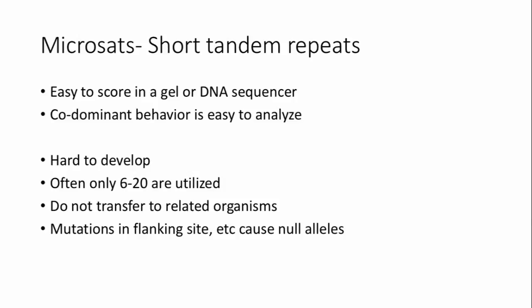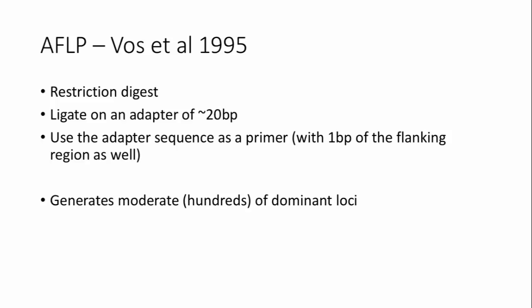And that simply is inaccurate. And if you develop them in one organism, such as a human, they don't work particularly well in a related organism like chimpanzees because mutations in that flanking site or other factors can cause null alleles. And this is simply a bias that microsats have in the way that we develop them.